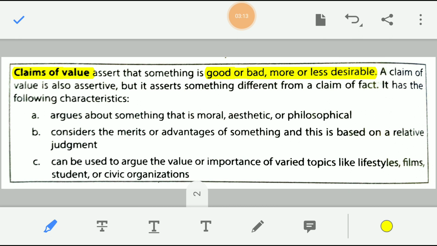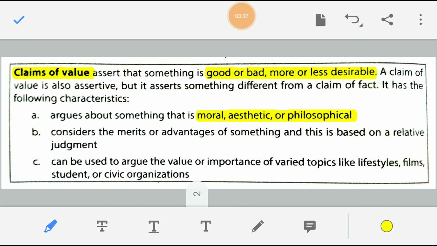Moving on. The claims of value has something to do with something that is moral, aesthetic, or philosophical. What do we mean by this? Moral, ano ba yung pinaniniwalaan ng mga tao na tama at mabuti? Aesthetic, ano ba ang maganda sa paningin nila o sa panlasa nila?